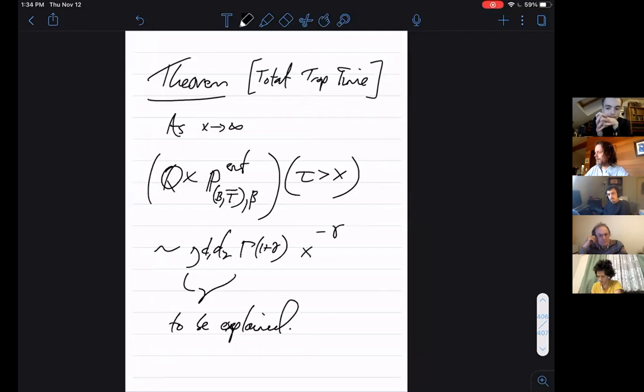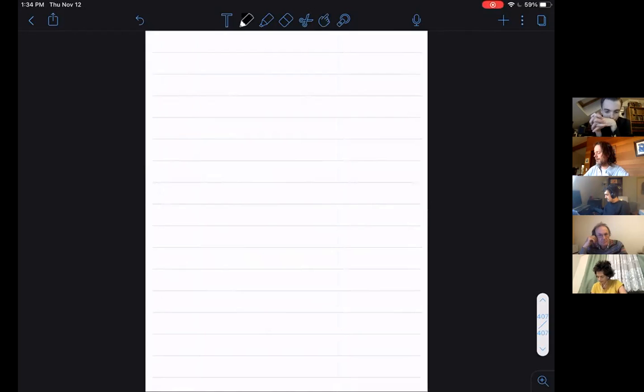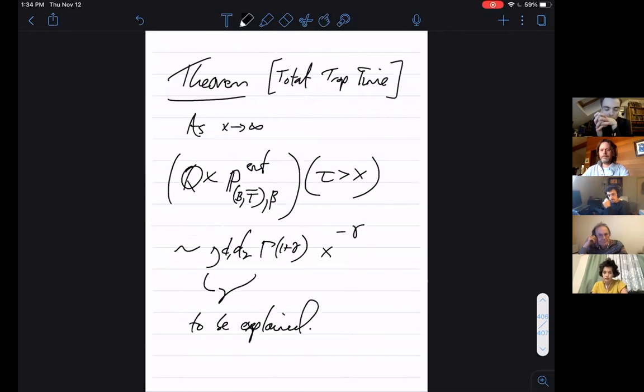All right, it's a good time for questions. Do people at least understand roughly this statement, what this law is? I suppose that's the main thing to ask. Do you have any questions about that? Obviously at some level it's not clear.